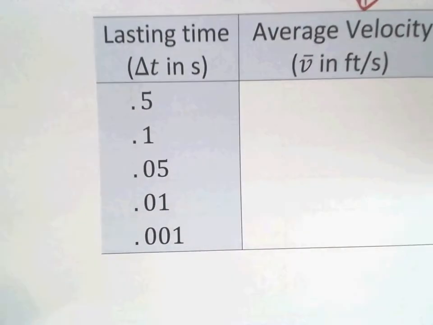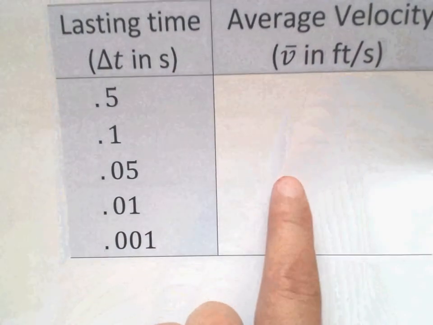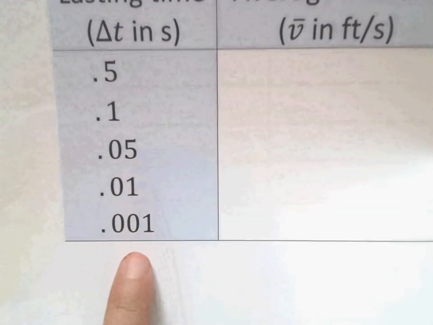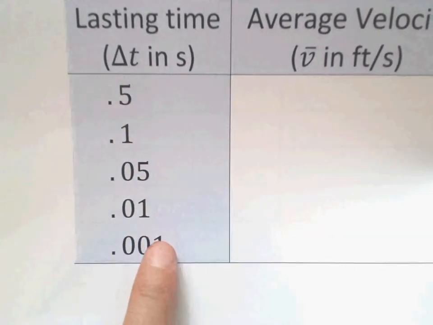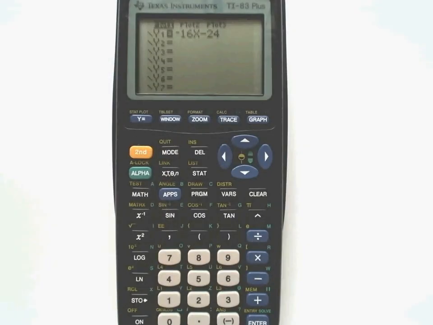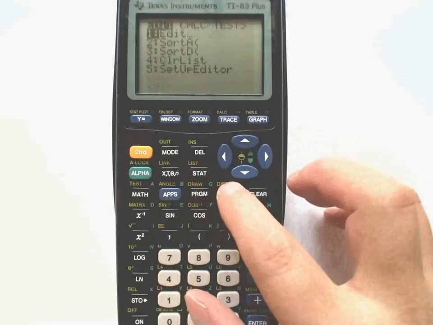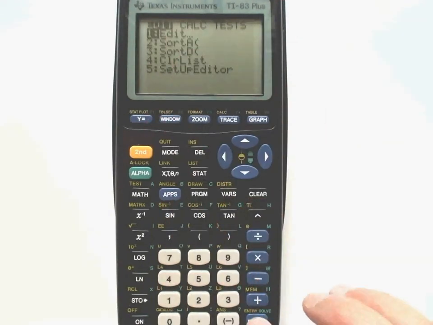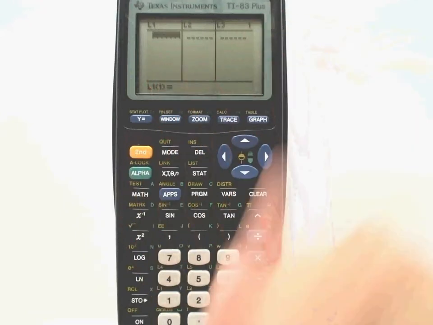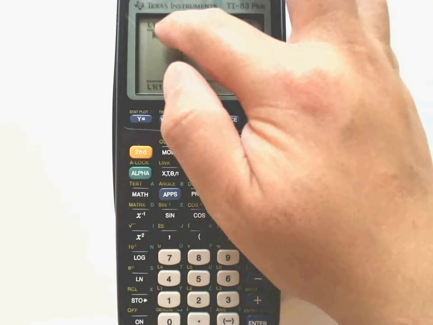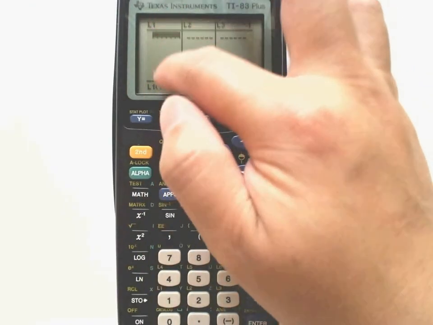Good. The second step: we need to find the value of the function, so we need to define the variable. I define this variable in the table in the calculator. Go to stat, edit, and enter data. Can you see this is the table?